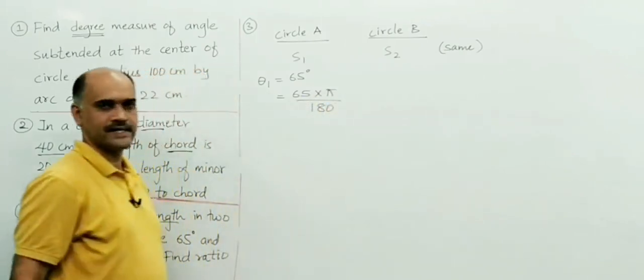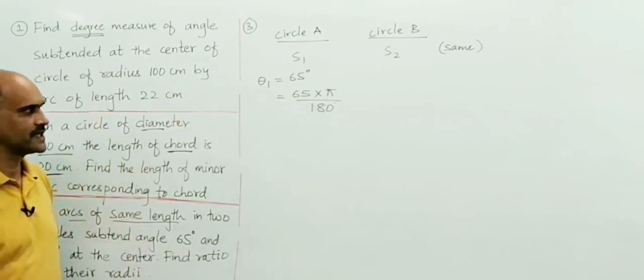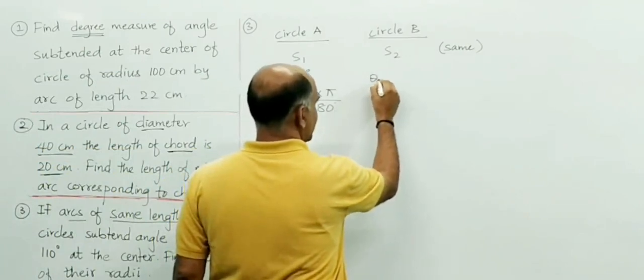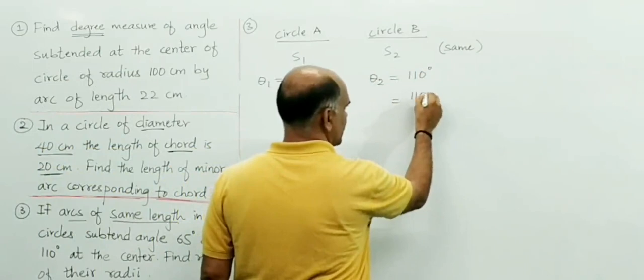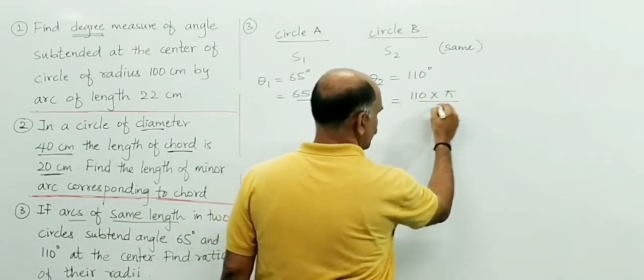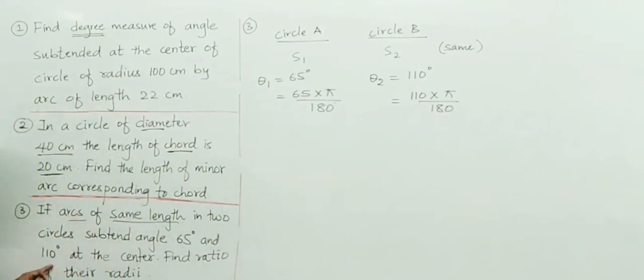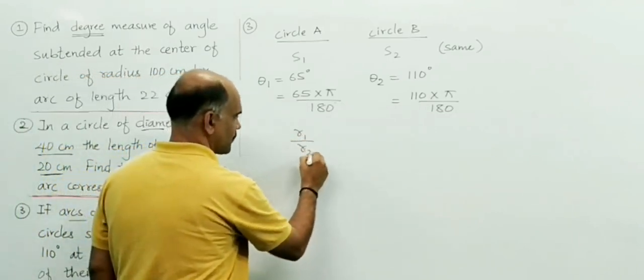I will keep as it is. So don't cancel it, because pi by 180 gets cancelled in next step. So in second circle theta is 110 degree, that is nothing but 110 into pi by 180. You are required to find ratio of their radii, means you are required to find R1 by R2.